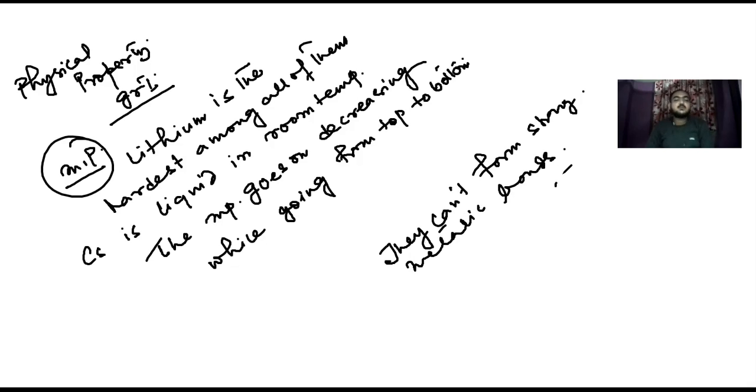But the S block elements cannot form strong metallic bonding. That's why their melting points are very low. Lithium is the hardest among all of them and has the highest melting point. Cesium is liquid at room temperature, so the melting point decreases from top to bottom in the group.